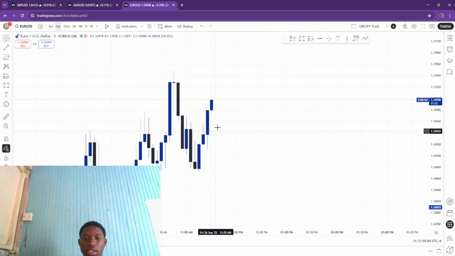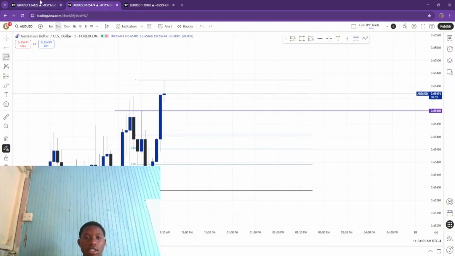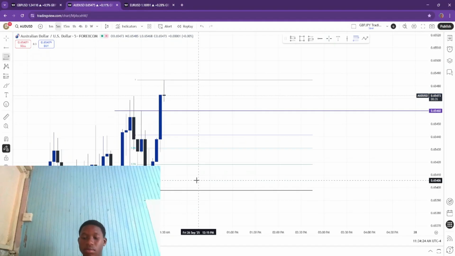Euro USD, not too shabby. We need AUD USD to close as a bearish candle, or else our whole trade kind of invalidated. Okay, 22 seconds.